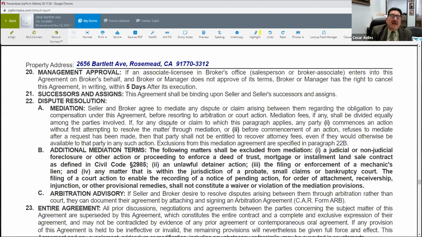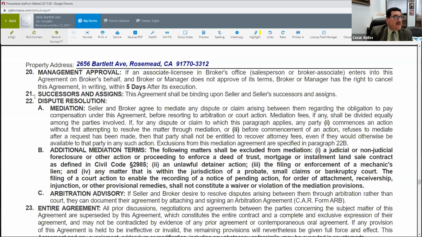Or if you bring me a $10 million listing in Rosemead for a single family home right off of Garvey, I am going to tell you, you're crazy. No single family home along Garvey is worth $10 million. So we, Coldwell Banker George Realty, will reject your overpriced listing. Okay, so that's what this management approval has a button there.